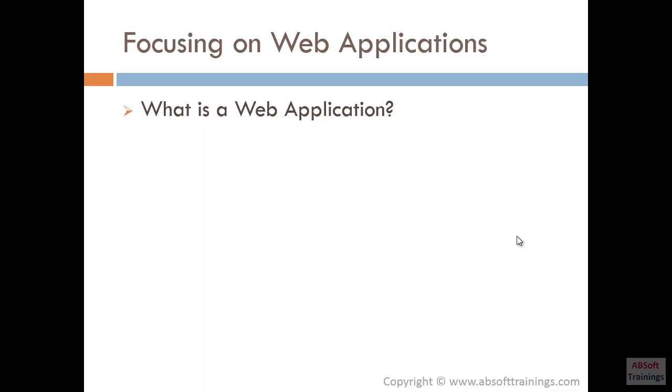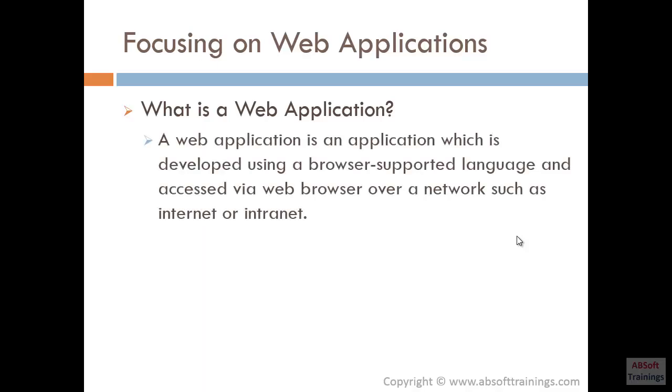Everything is a web application. A web application is an application which is developed using a browser supported language and accessed via a web browser over a network such as the internet or an intranet. So we use a browser, then the HTML language or JavaScript language are used to develop web applications, then we access them via the internet.